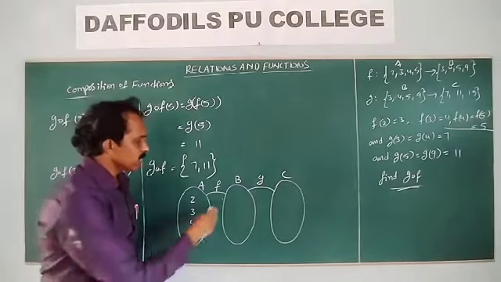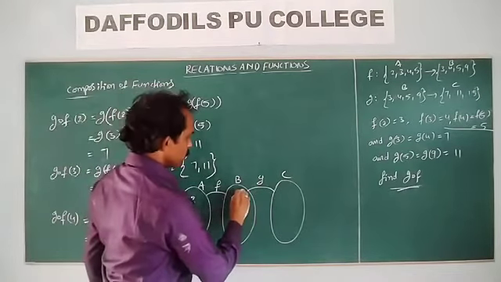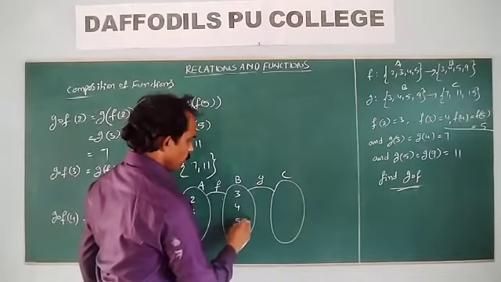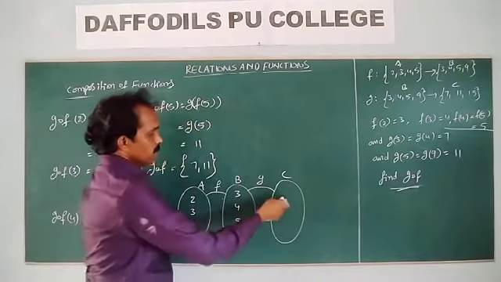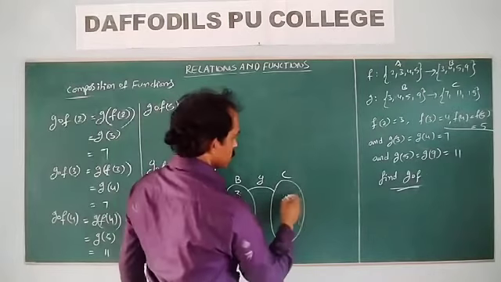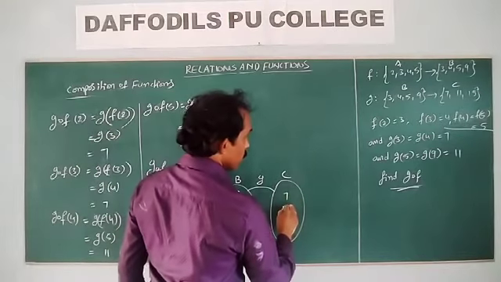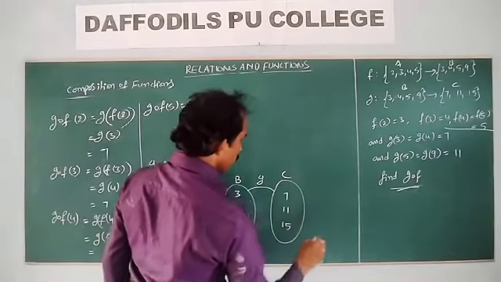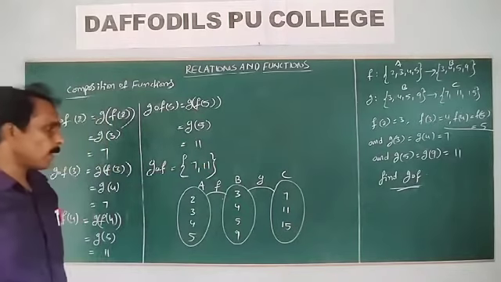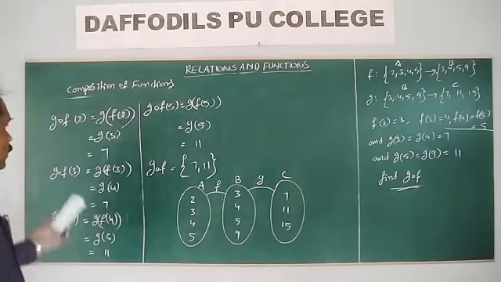Then 3, 4, 5, 9 are the elements of B. G's codomain elements, nothing but C, are 7, 11, 15.